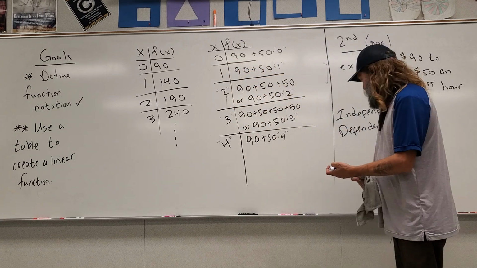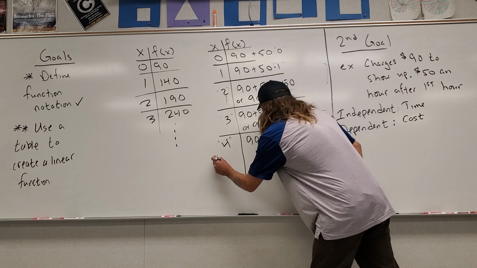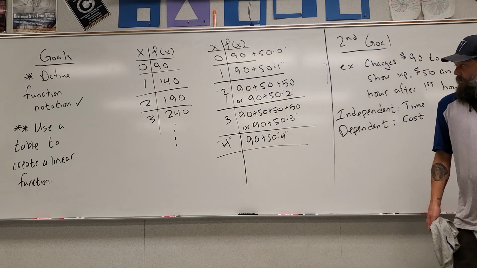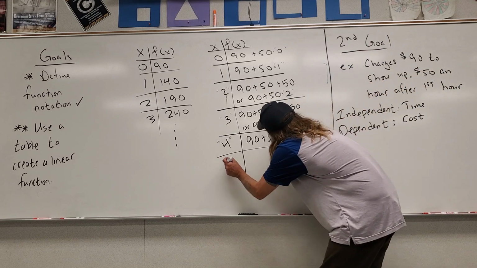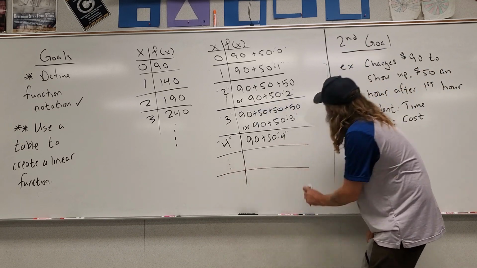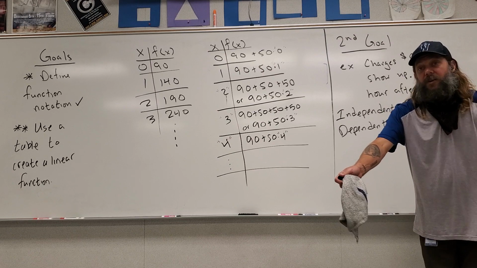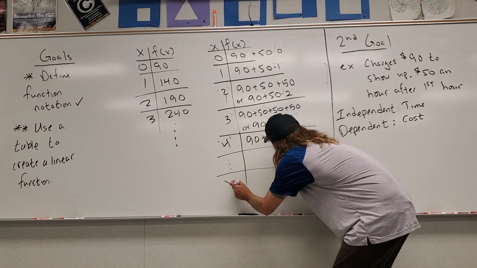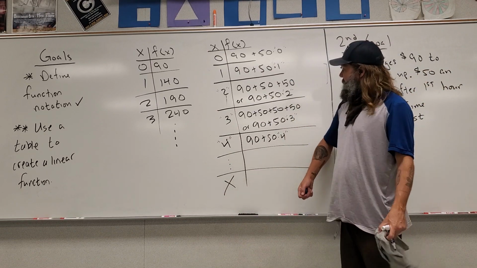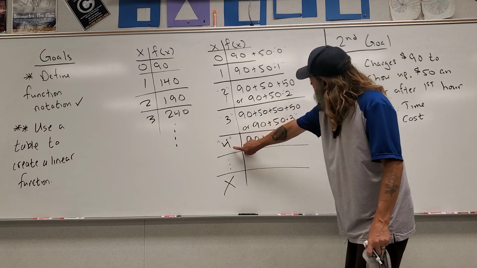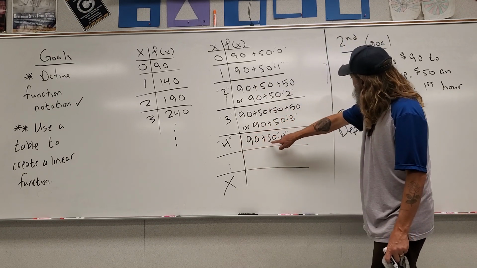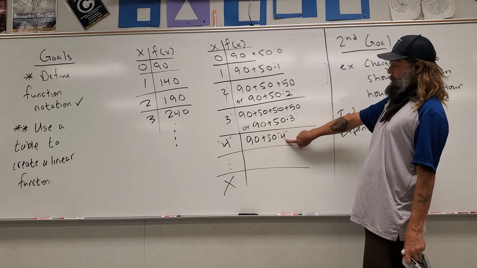This is actually going to finish the second goal: we want to extend this pattern to some unknown amount of time, which we call x hours, because we don't know how long they're going to be around. But we know that if they're there for 4 hours, it's 90 plus 50 times 4.